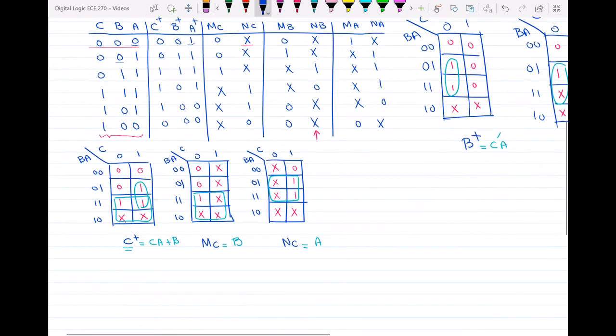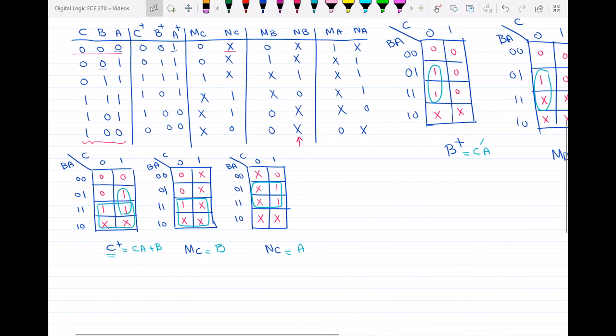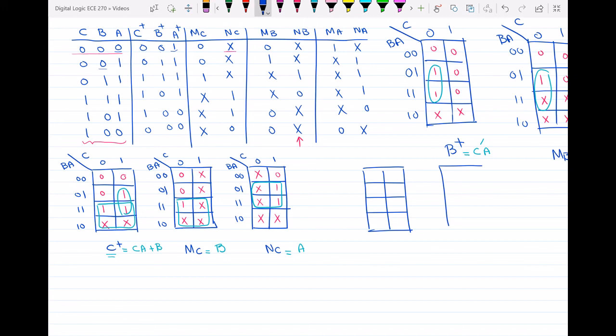All right. Now the last flip-flop that I have to find the input equations for is flip-flop A. So I have to fill in 3 more Karnaugh maps. So I will just do it here. So 1 Karnaugh map for A plus, 1 Karnaugh map for MA, and the last Karnaugh map would be for NA. So we have C, BA, C, BA, and C, BA.